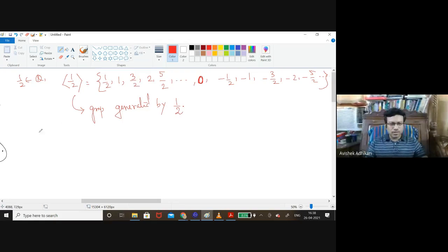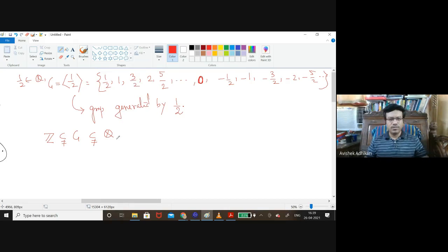Now suppose this is my G. Of course, Z is properly contained in G because half is not within Z, but half is within G. And one third is not here, but one third is in Q.